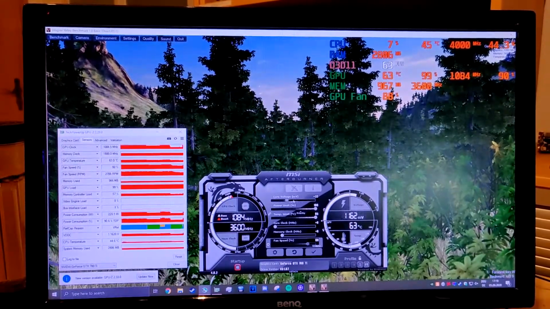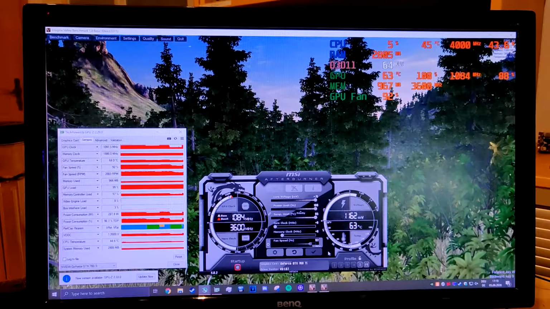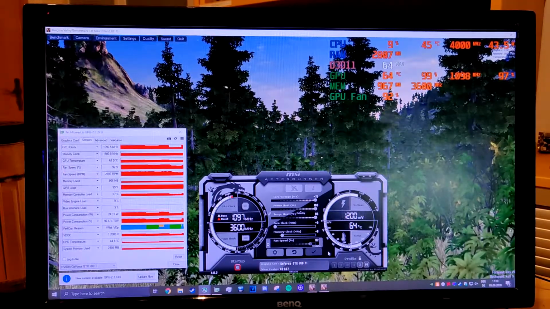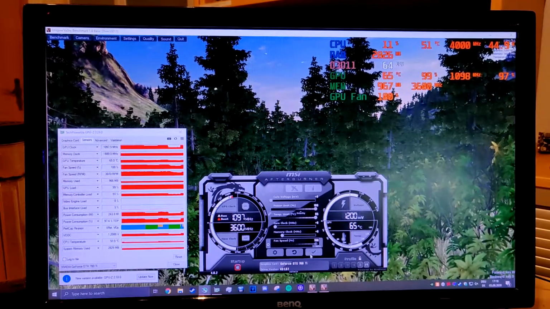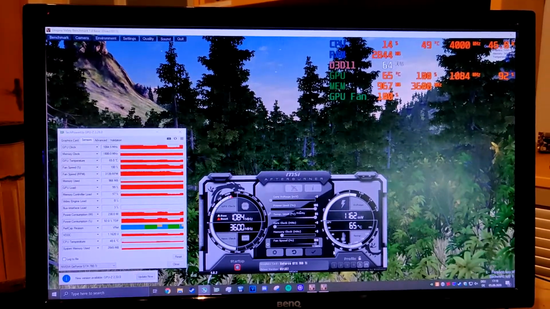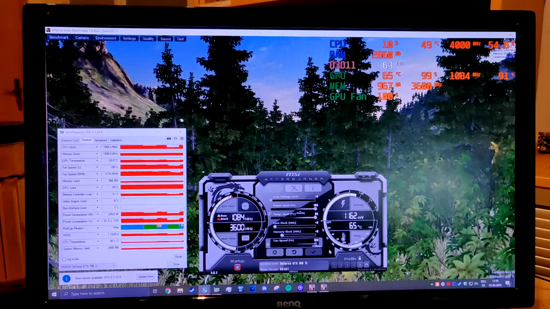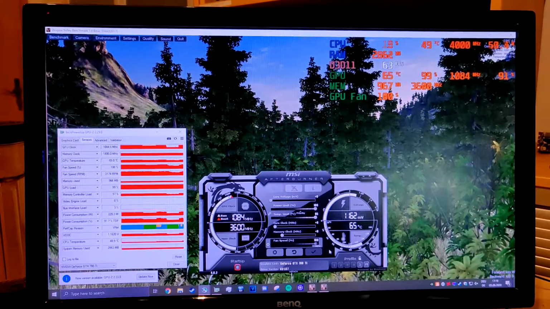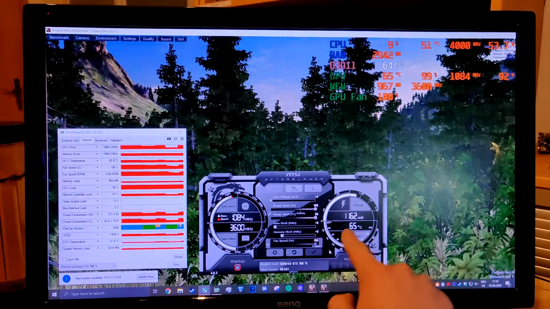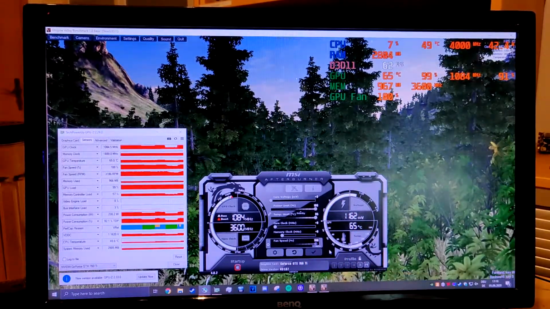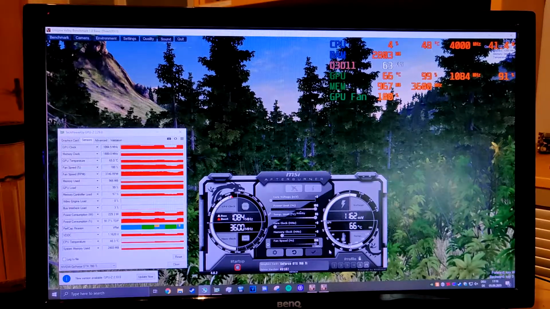And now on newer cards, if the card should decide we can push a bit more voltage, the clock will increase again. But as I've said before, on newer cards you can't manually change the voltage anymore. The newer cards regulate the voltage by themselves based on how far away you are from the power limit, how hot the card is, and all that. It's a pretty complex algorithm.